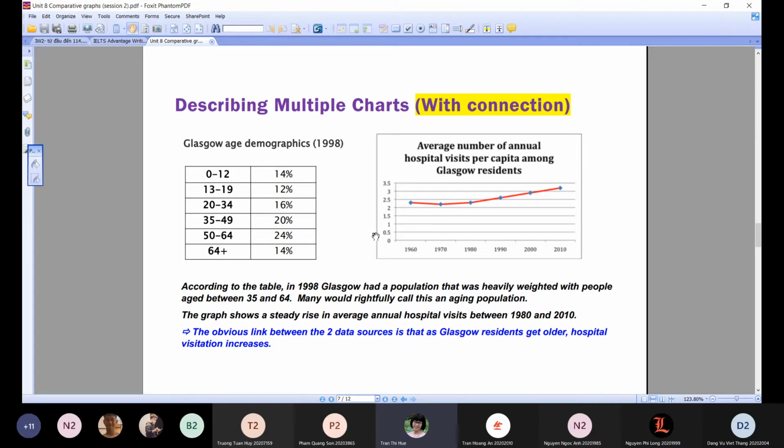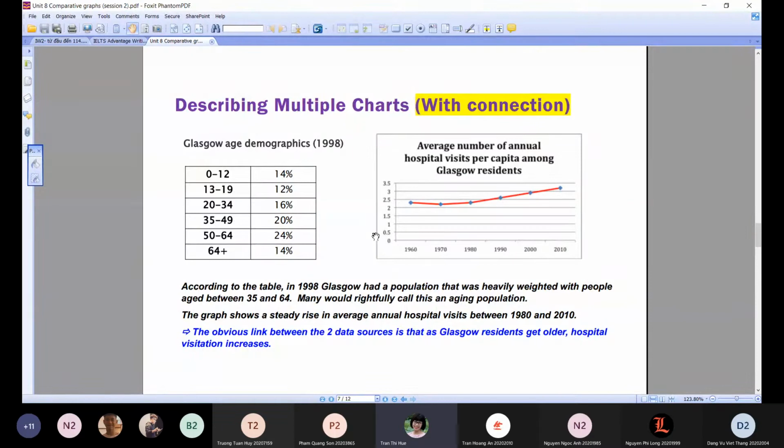So, according to the table in 1998, Glasgow had a population that was heavily weighted with people aged between 35 and 64, right? So you can see 35 to 64, these two age groups are highest in the percentage.